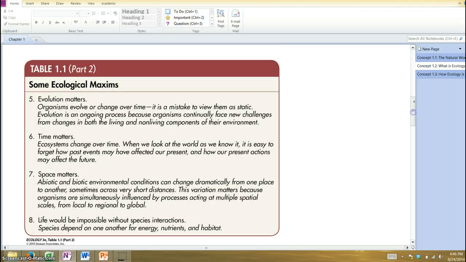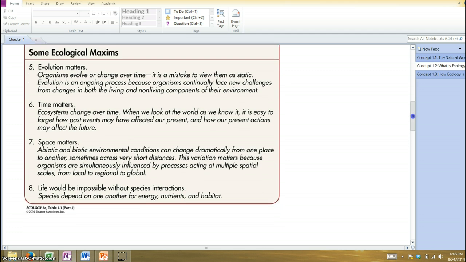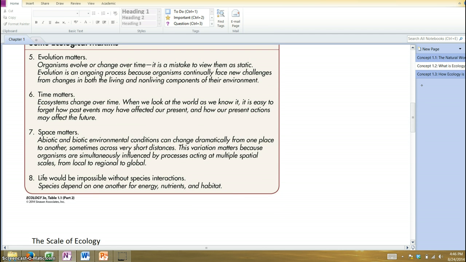Okay, what else? Evolution, we'll talk about that. It's an important process for living systems. It is the process by which species change over time, typically relatively slowly, but the rate can vary somewhat. So time is important. We'll talk about temporal or time-based factors that determine how organisms change over time.